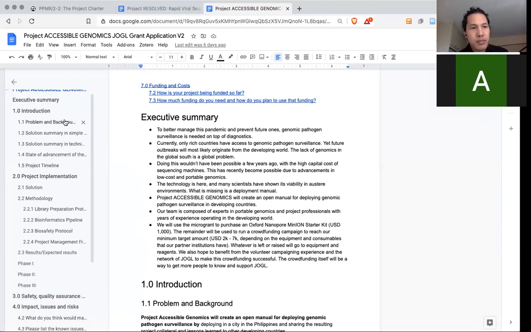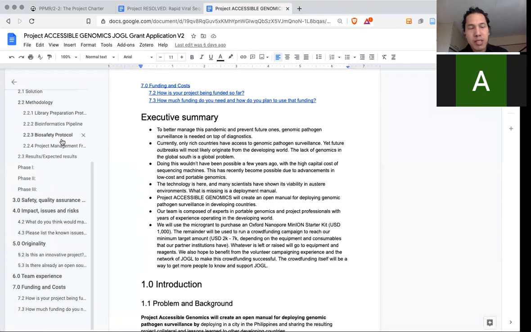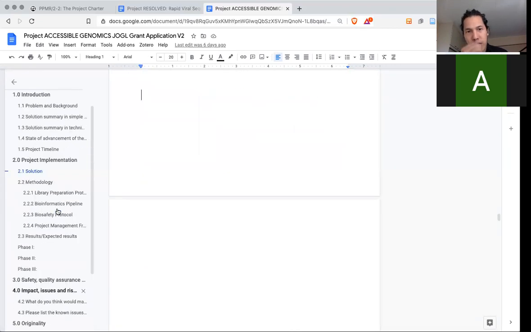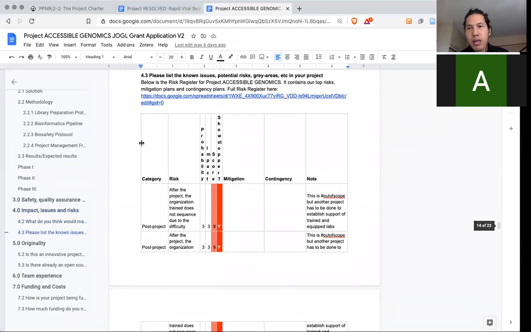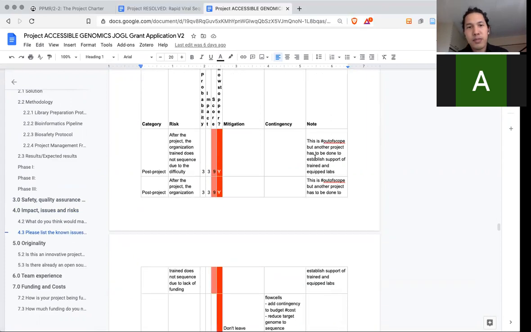This is another example. This is public. You know, the risks here, I made use of, for instance, a risk register, an actual risk register, and then just added it to this proposal.